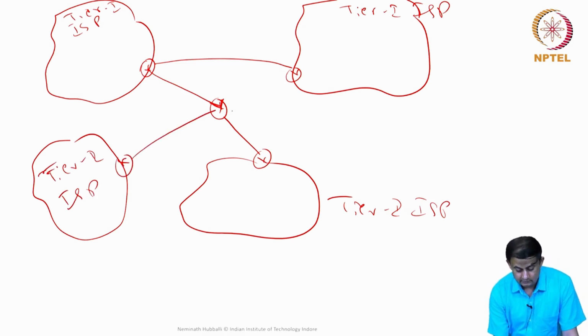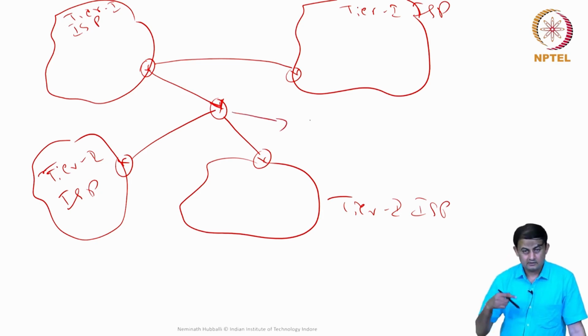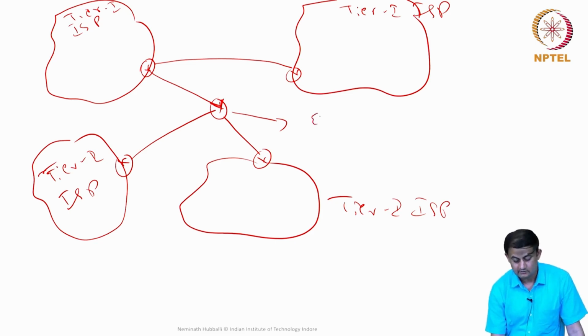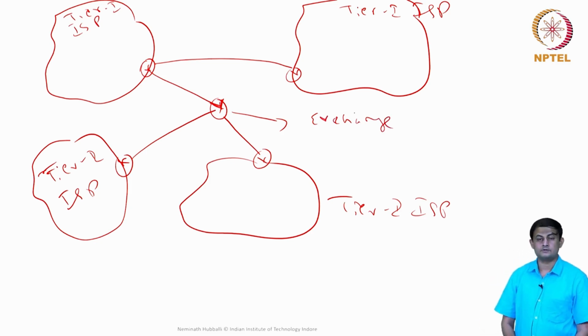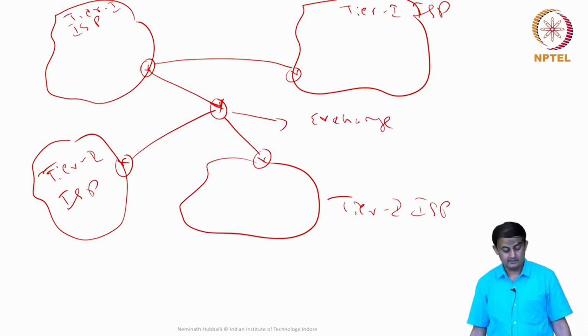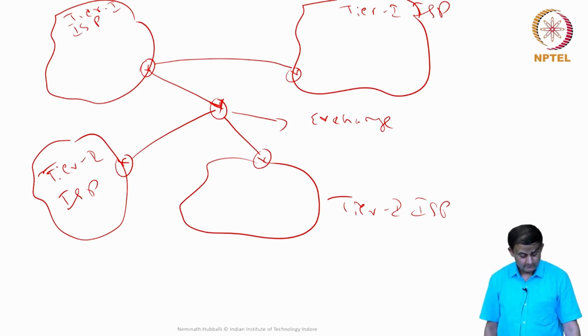This location where multiple internet service providers are terminating their connections is called the exchange. This is also called an internet exchange, where multiple links are actually terminating.